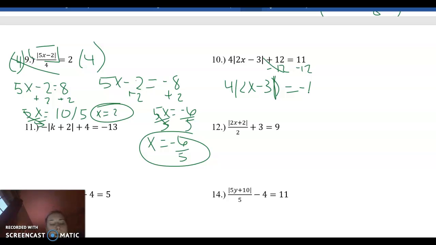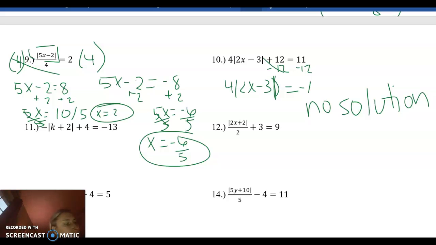Now we see that it's equal to a negative. Do you guys remember what that means? No solution. If my answer is equal to a negative before I start solving, I have no solution.